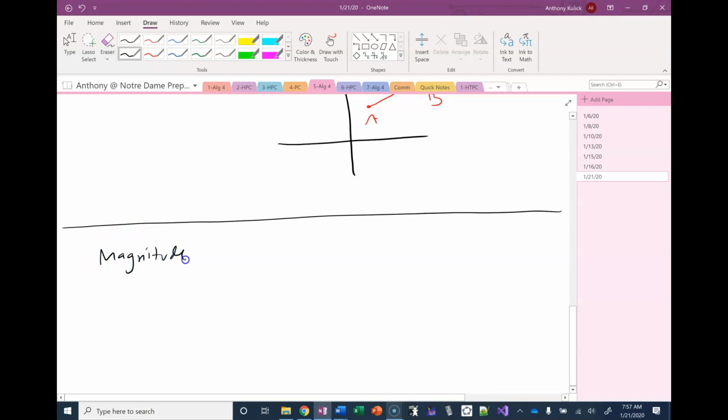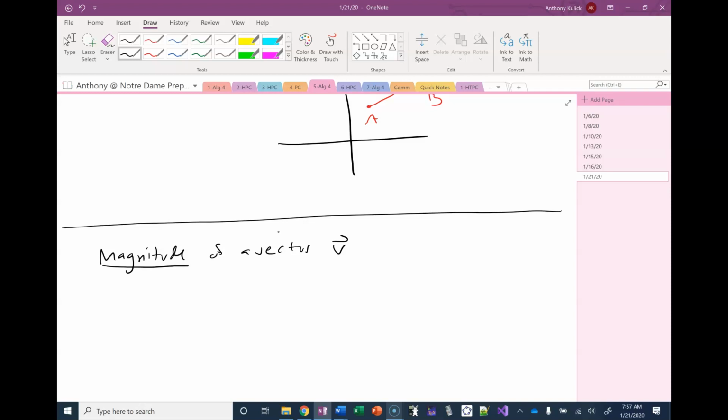So we've been using this word magnitude for quite some time. So if we talk about the magnitude of some vector v, notice here when I wrote my vector symbol for v, I put the little arrow hat on top of it.